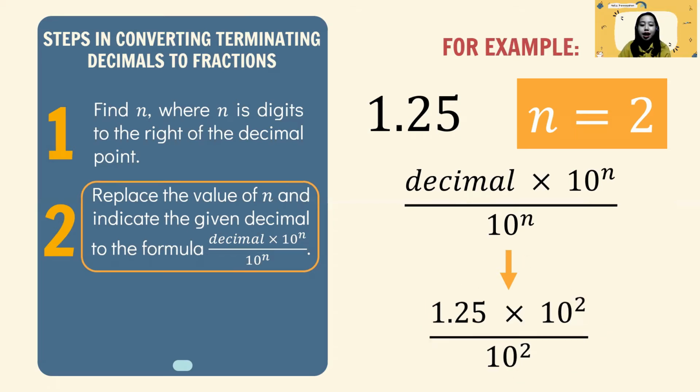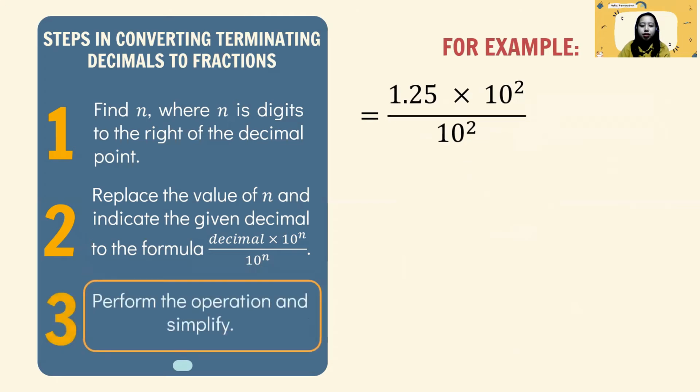And for the last step, perform the operation and simplify. Since we have an exponent in this expression, we will first simplify 10 raised to 2. An exponent tells you how many times the base is used as a factor.